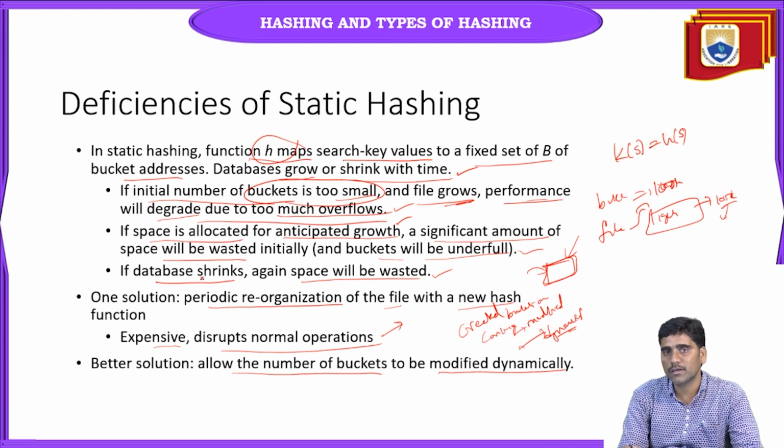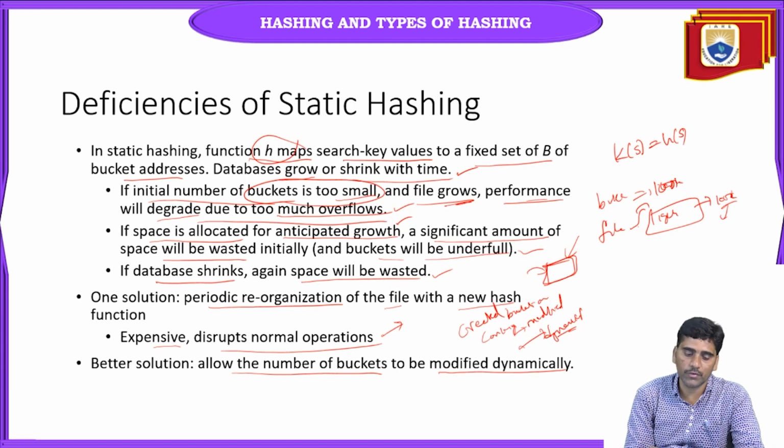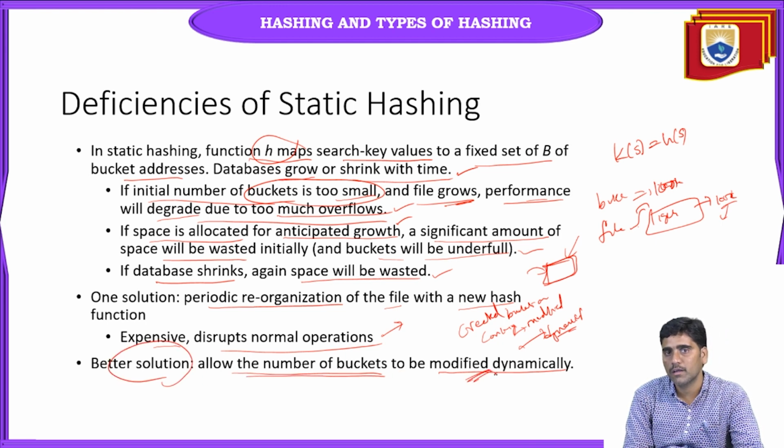If too few records are inserted into the bucket, the space of the bucket will be wasted. If more records are inserted into the bucket, then the bucket will overflow. For that, the better solution is to allow the number of buckets to be modified dynamically. As per this solution, you may change the values based on the database requirements.